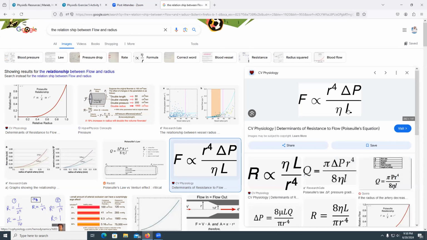It doesn't mean that the length of the blood vessel is irrelevant. No. The length of the blood vessel is also relevant, where the longer the blood vessel, the less the flow. That's why it's in the denominator. So these two guys here, this looks like an eta that represents the fluid viscosity. So the more viscous the fluid is, the less the flow.